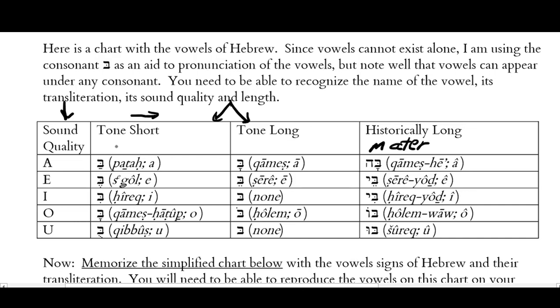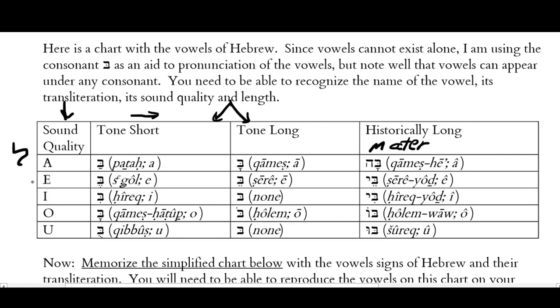Okay, so let's start with the short vowels, or the tone short vowels. These vowels are called, respectively, pathach, segol, chirik, qamets chatuf, and qibbuts. They are placed directly under the consonant with which they are found. So if I were to use another consonant, say lamed, of course the pathach would go right underneath.